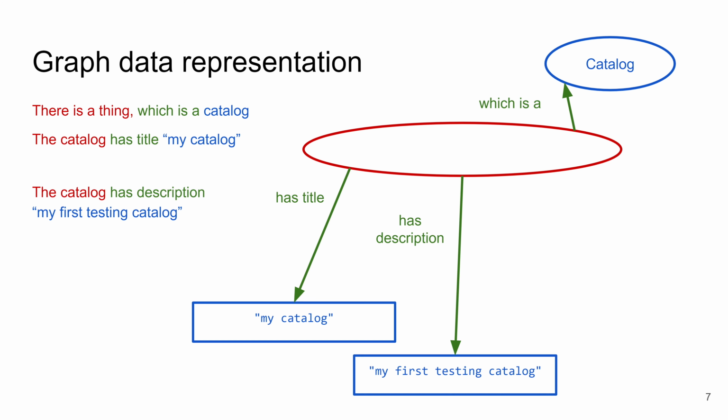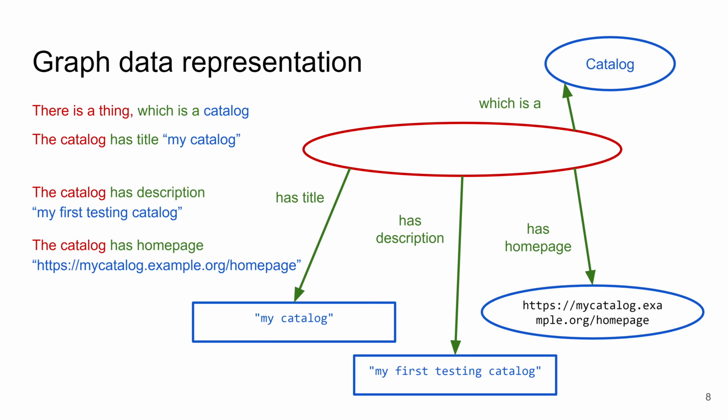Then we can add another statement. The catalog, again the same red oval, has description, which is another edge, my first testing catalog, which is another value. And finally, the catalog has a home page, which is yet another edge in the graph. And now the home page will be identified by its URL. And because it's identified by a URL, it's a thing.